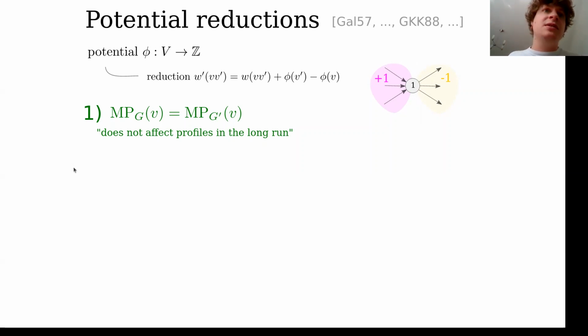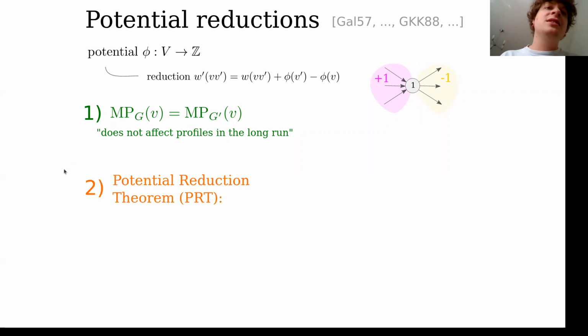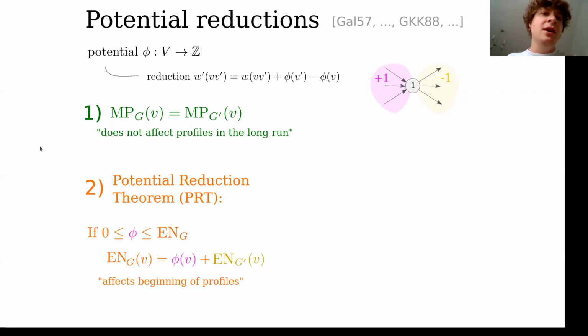And now for energy, it's a bit more subtle. And this is what we will really exploit in this talk, what I call the potential reduction theorem. If I apply the potential reduction with potential phi, and assuming phi is not too big, so I'm looking at phi being a positive potential that does not exceed the energy values in the game, then the difference between the energy values in the new game and in the previous game is exactly given by phi.